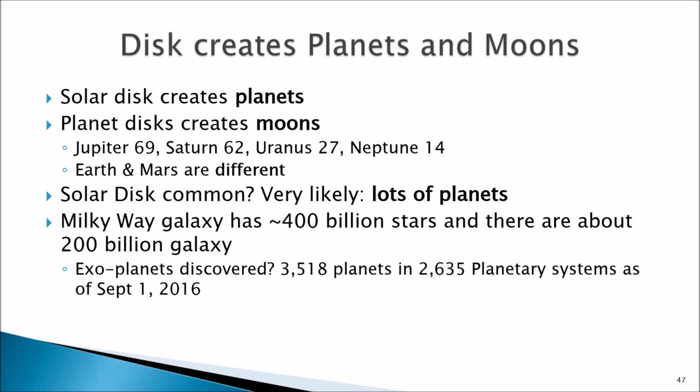So there was a satellite that we sent up a few years back, which set out to look for planets. And as of September of 2016, they found over 3,500. There have been more discovered since then, but that particular system was shut down at that time due to some problems that were going on. And a replacement has gone up.